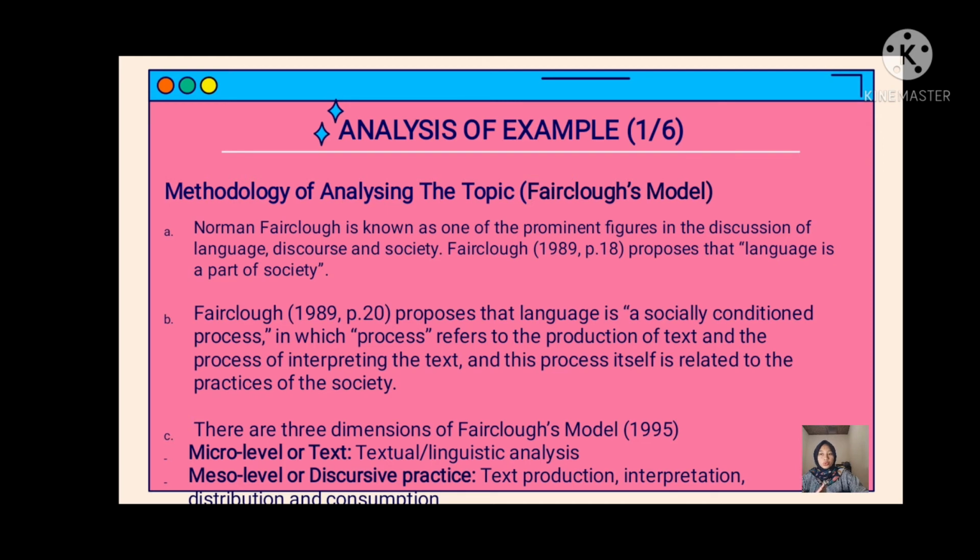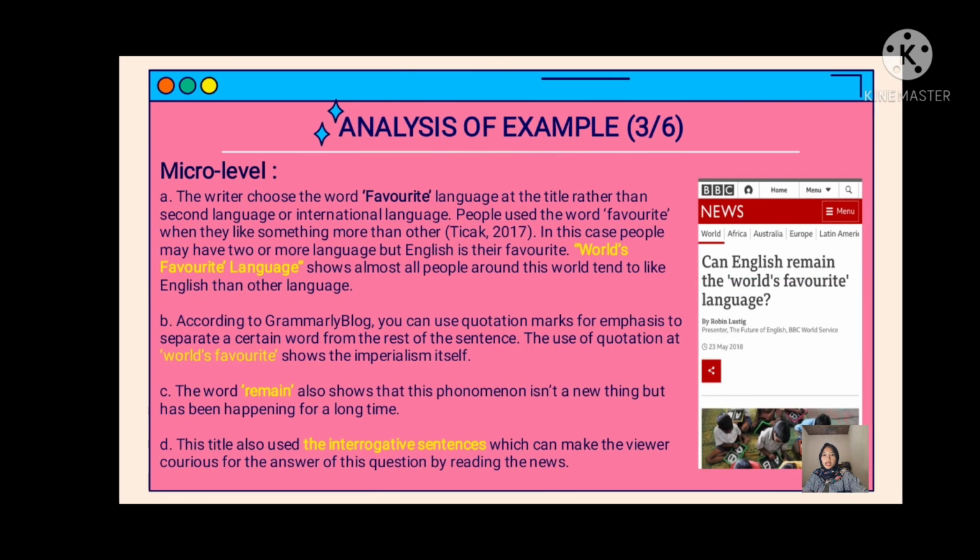Alright, let's move to the analysis example. Here I have a news titled "Can English Remain the World's Favorite Language?" Yes, let's have a micro level analysis. Here you can see in the title, the writer chose the words favorite language rather than second language or native language.